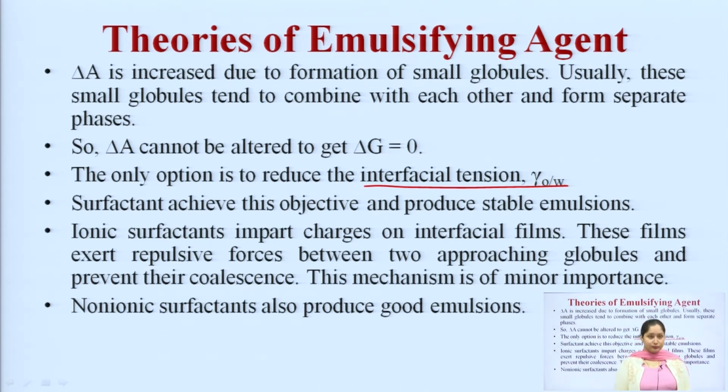Ionic surfactants impart charge on the interfacial film. This film exerts repulsive forces between two approaching globules and prevents collision. This mechanism is of minor importance. Non-ionic surfactants also produce a good emulsion.